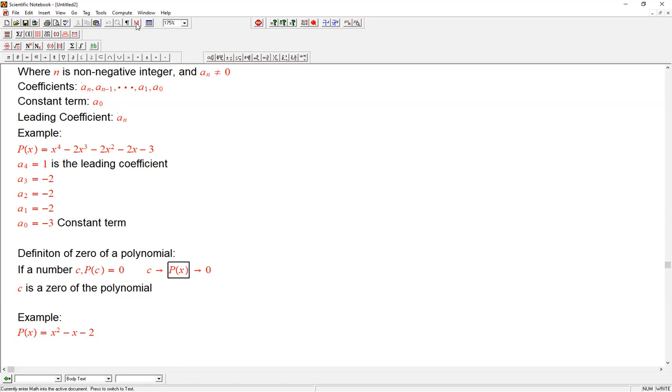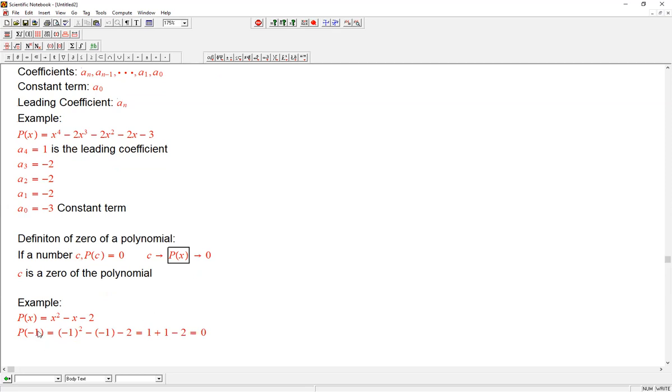If I substitute, say, -1, so I plug in -1, x will be replaced by -1, and we evaluate: -1 squared minus -1 minus 2. -1 squared is +1, minus -1 is +1, and minus 2, that equals 0.